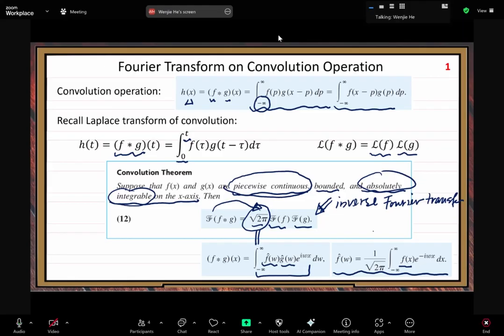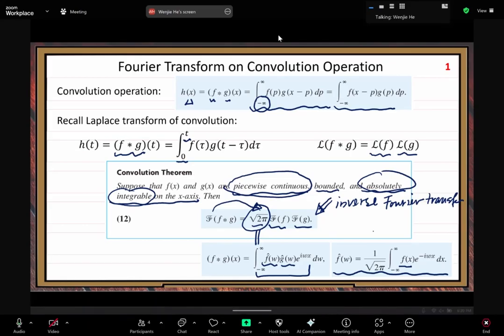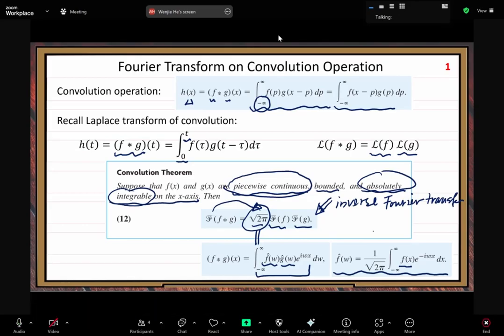So now the function: the original function, f function, and now the transformed function. The original function we can assume is in the time domain, or could be in the spatial domain.